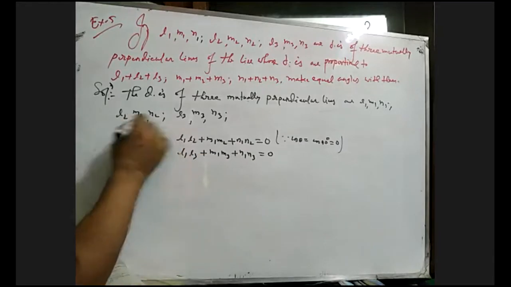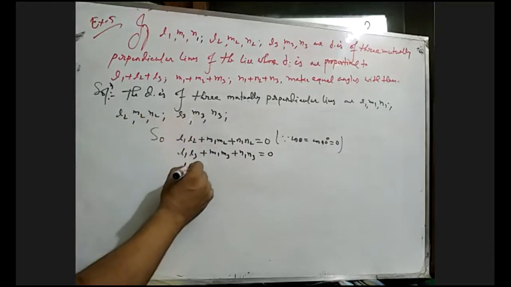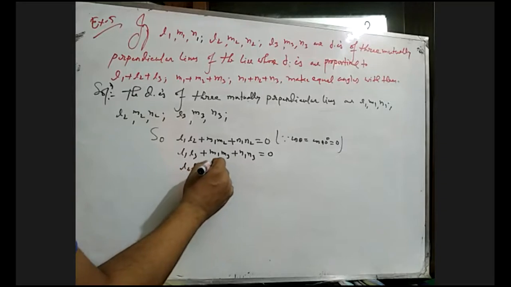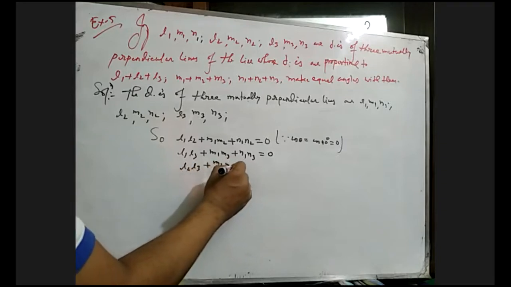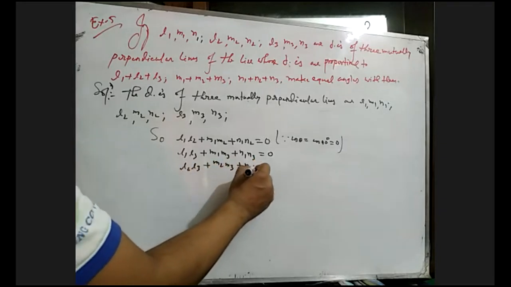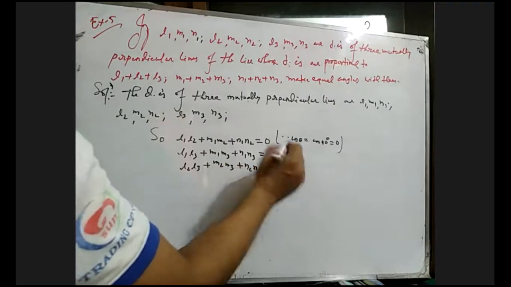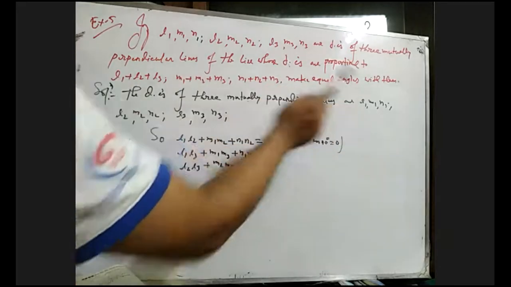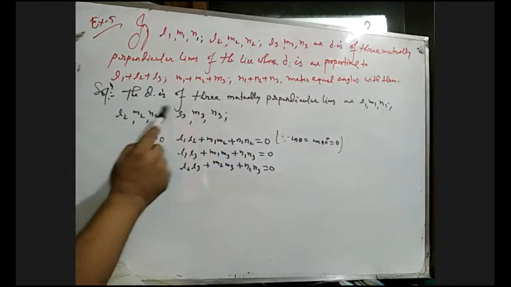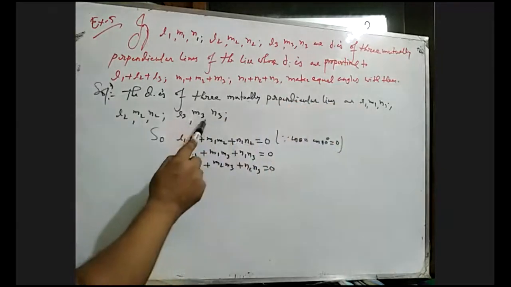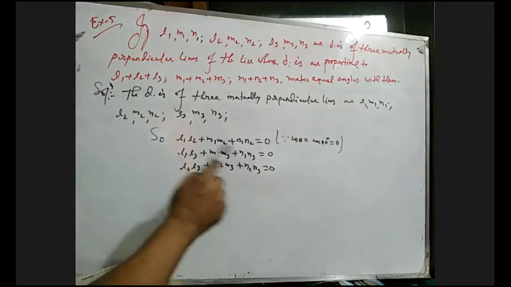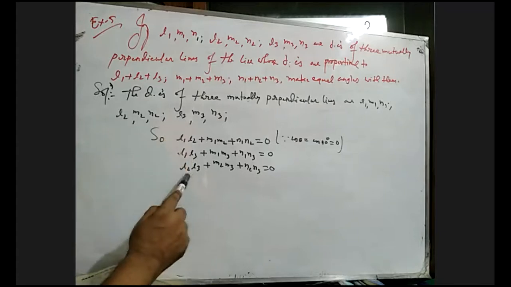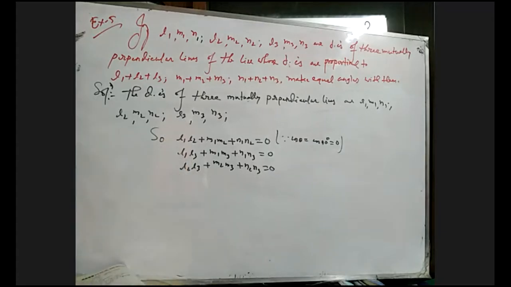Similarly, L2 L3 plus M2 M3 plus N2 N3 equals 0, because of three mutually perpendicular lines. That means the first and second give the first condition, first and third the second, and second and third give the third condition.